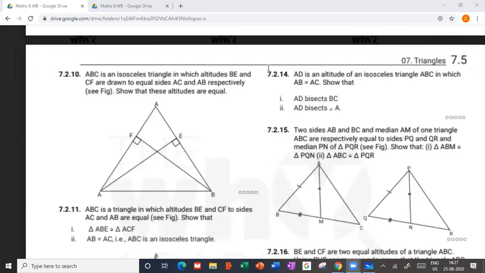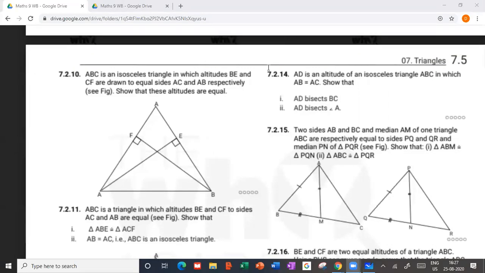Ma'am, so ma'am, we can start by taking triangle AEB and triangle BFA. In this, AB will be common, and angle AEB will be equal to angle BFA because they are 90 degrees.